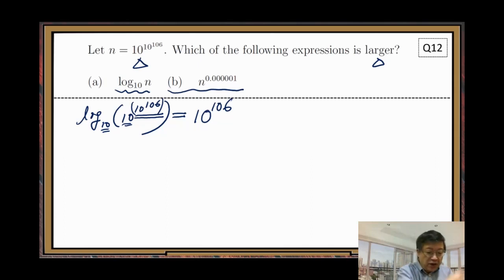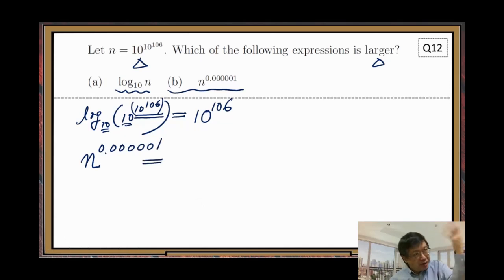Next, the second expression. This time, n to the 0.000006, how many digits after the decimal point? Six positions after the decimal point. So let us simplify step by step.